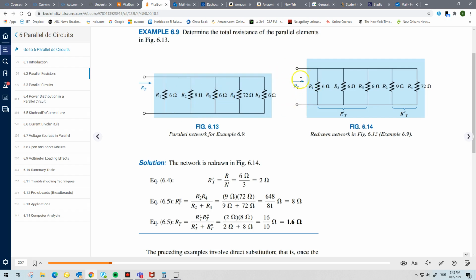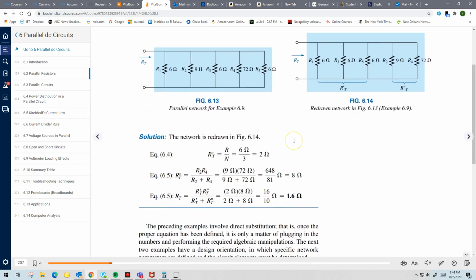But as far as the total resistance, it's not going to change. You don't even have to redraw it, but this shows you a more systematic way of doing that. In this case, they want to combine the 6s together and bring them into this new circuit. You don't have to do that step, but if that makes it clear, that's okay.